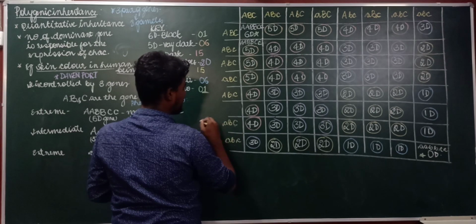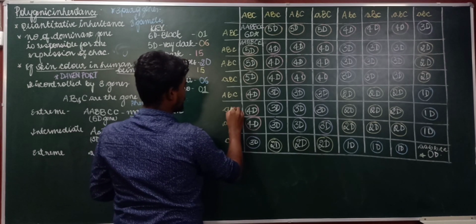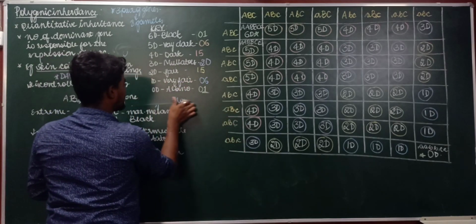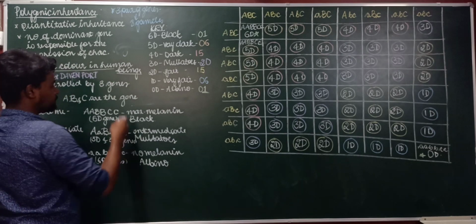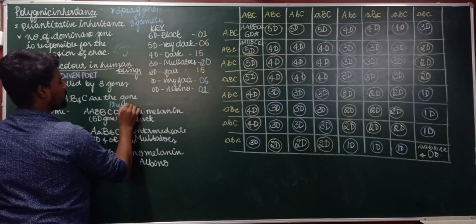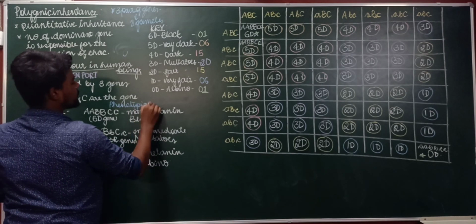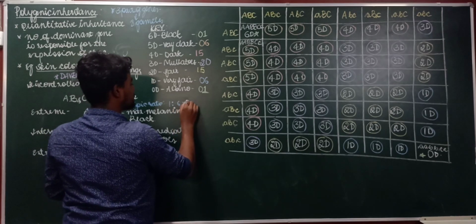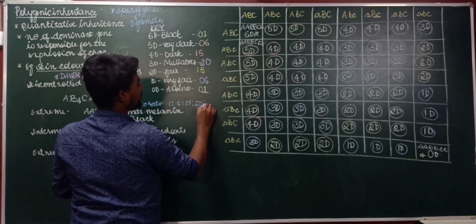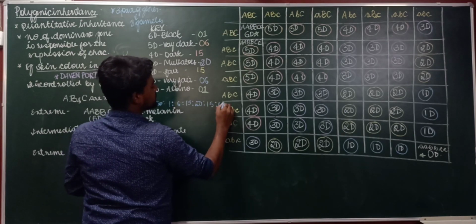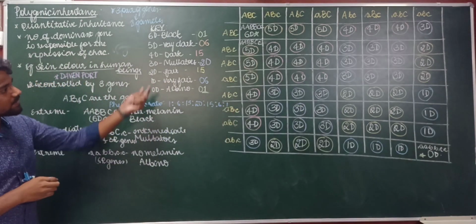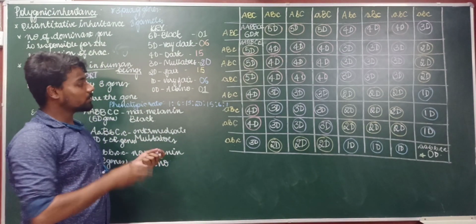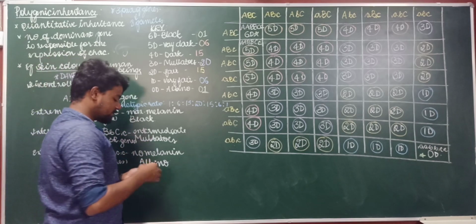Here it is. Yes, we should write the phenotypic ratio now. The phenotypic ratio will have 7 different phenotypes. 1:6:15:20:15:6:1. I think we have explained it here, where you can see the maximum number in the given phenotypes is 20.